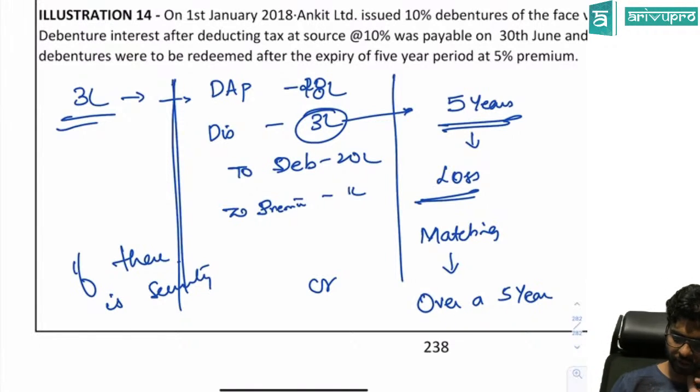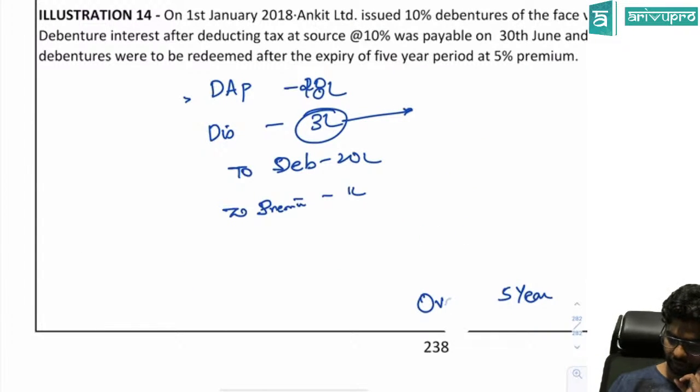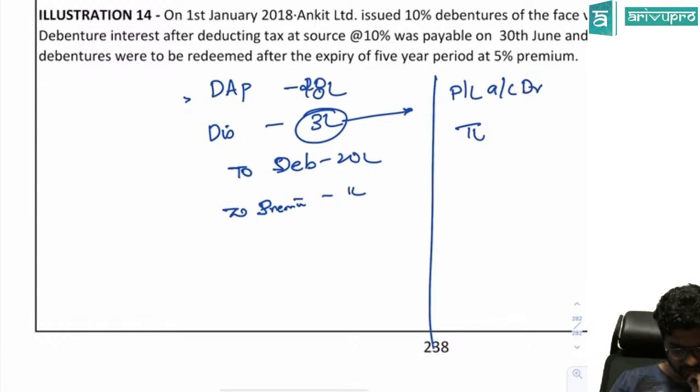Now, what is going to be the write-off entry? Every year, you will pass an entry: profit and loss account debit to discount on issue of debentures, 3 lakh divided by 5, 60,000 rupees.